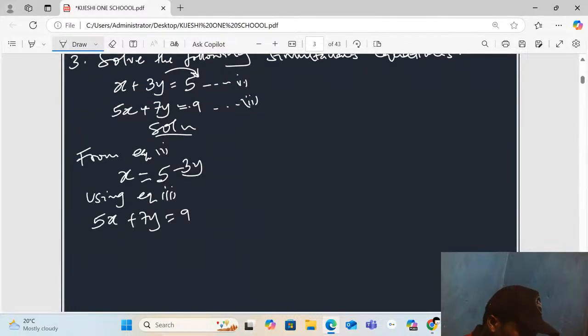Now, where we have x, you substitute with 5 minus 3y. So we have 5 into 5 minus 3y. Then you close the brackets, plus 7y, which is equal to 9.